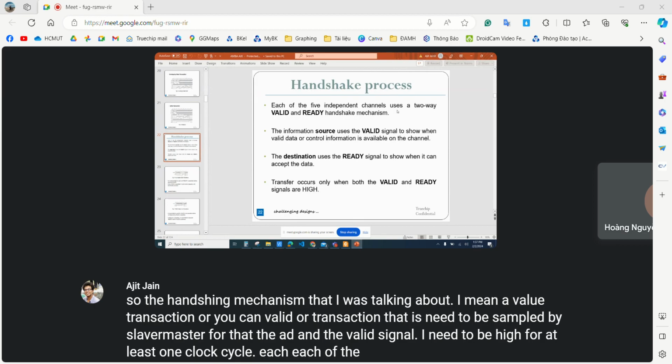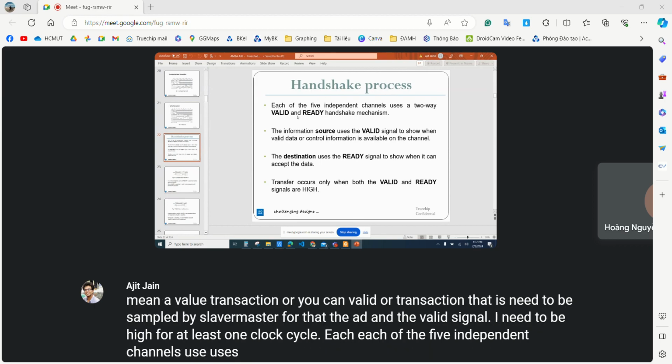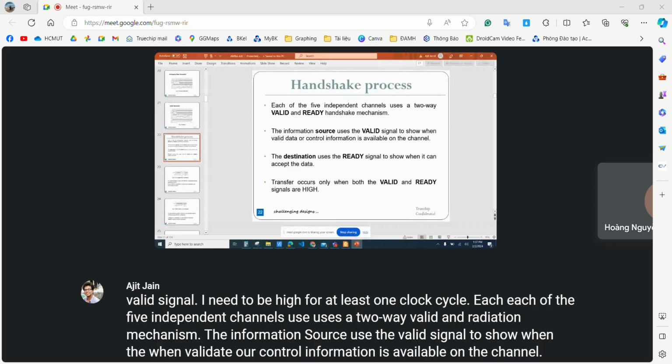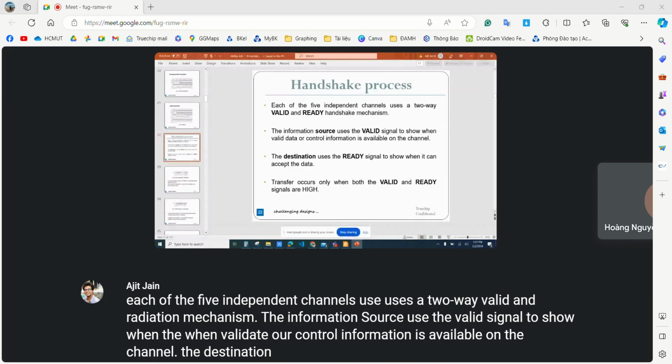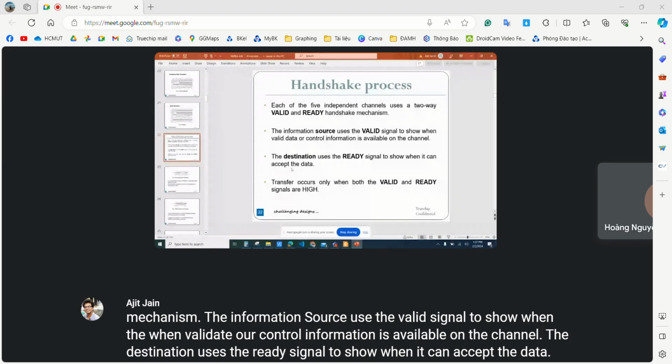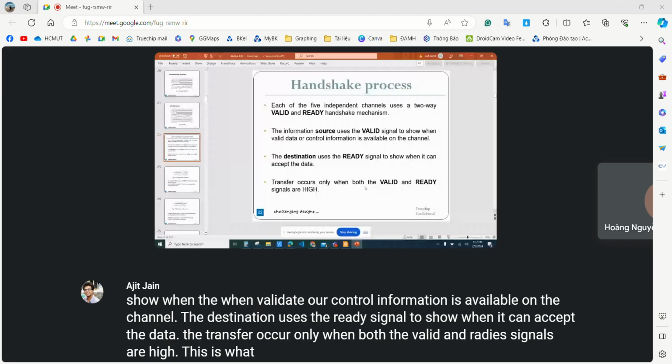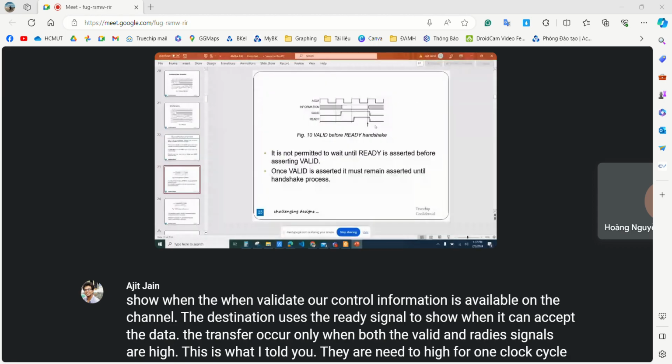Each of the five independent channels uses a two-way valid and ready handshake mechanism. The information source uses valid when valid data or control information is available on the channel. The destination uses the ready signal to show when it can accept the data. The transfer occurs only when both valid and ready signals are high. This is what I told you: they need to be high for at least one clock cycle.